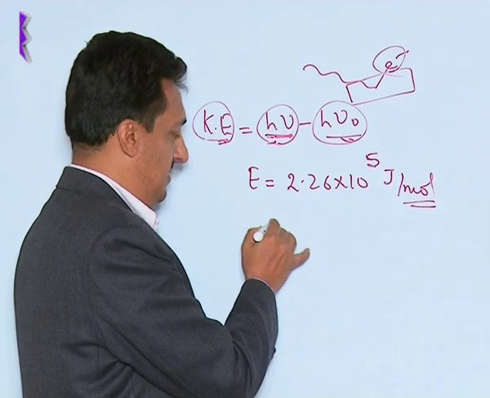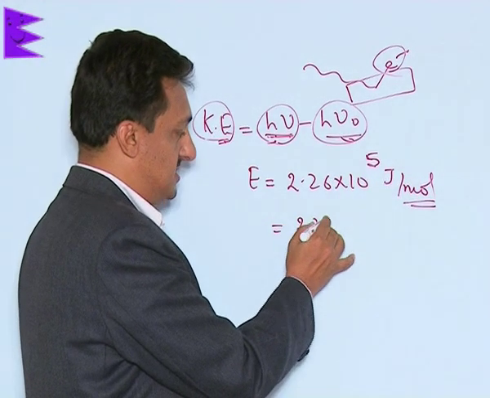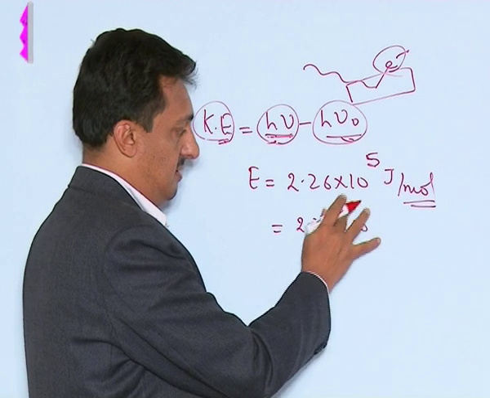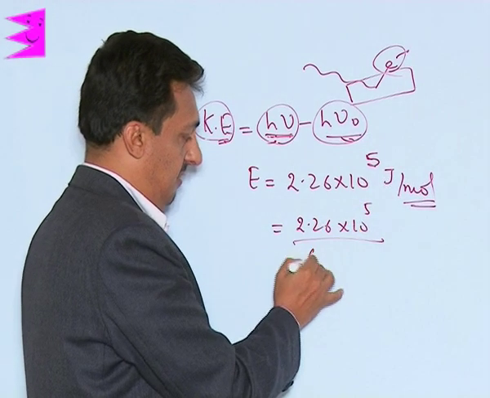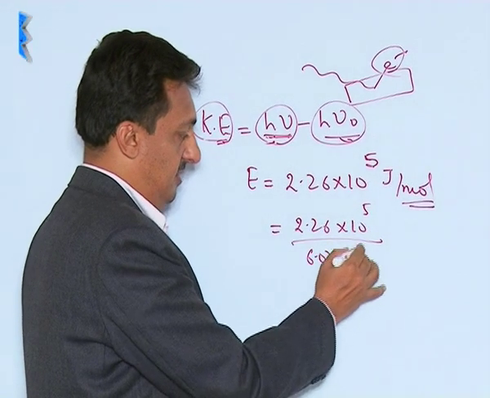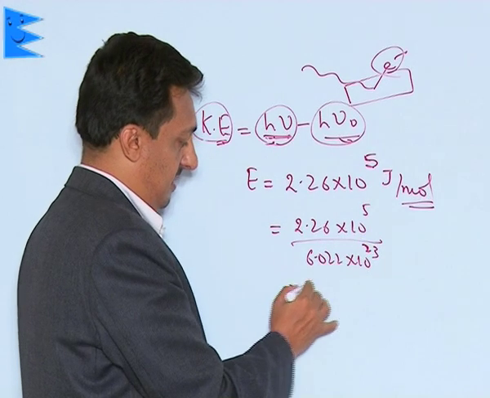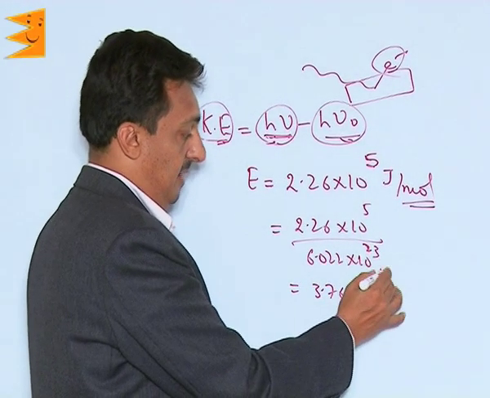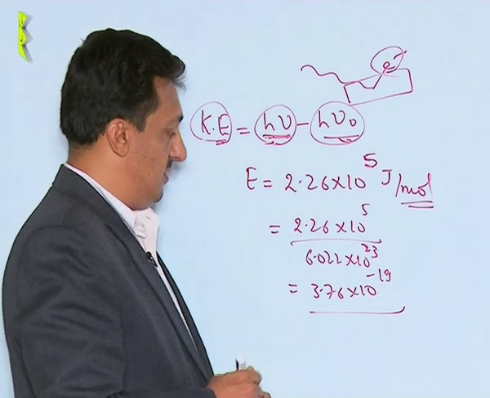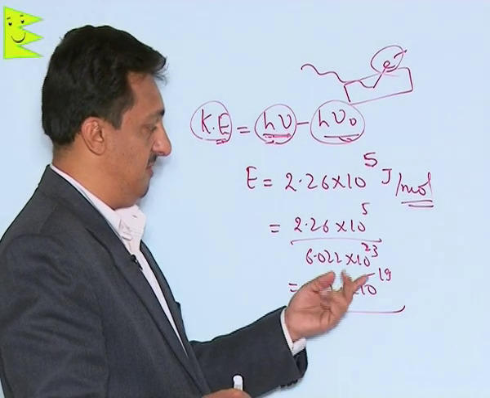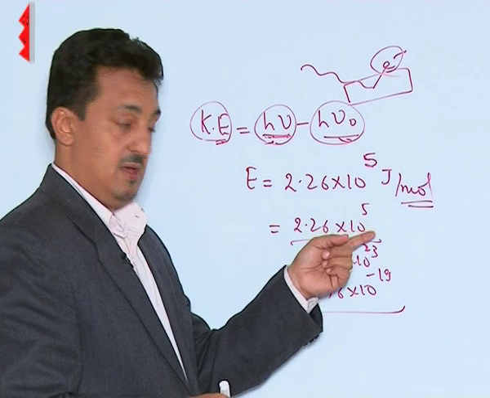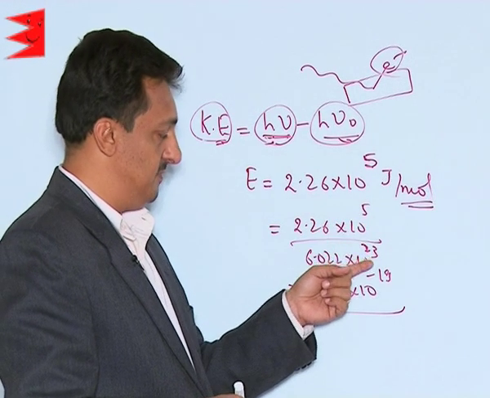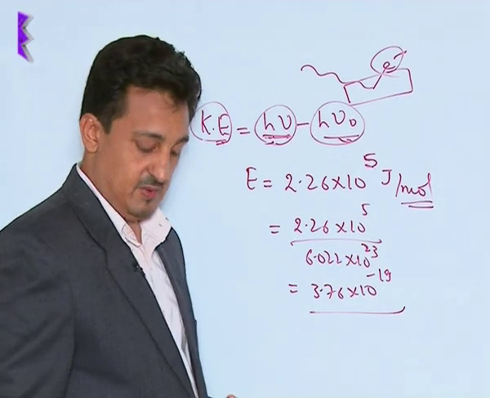This can be done by dividing this figure by the Avogadro number, 6.022 into 10 to the power 23. So this comes out to be 3.76 into 10 to the power minus 19.